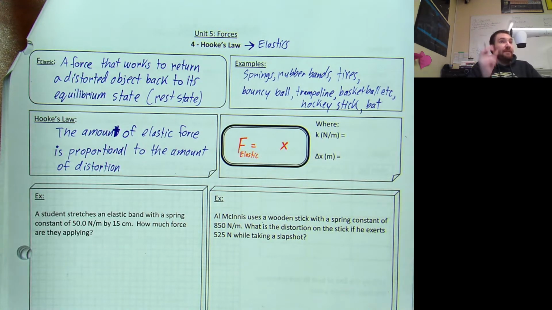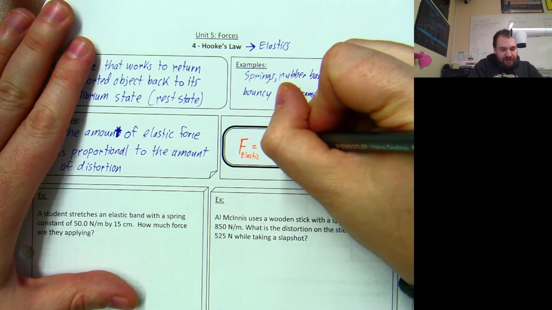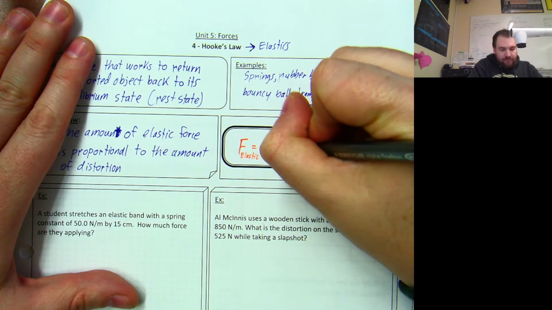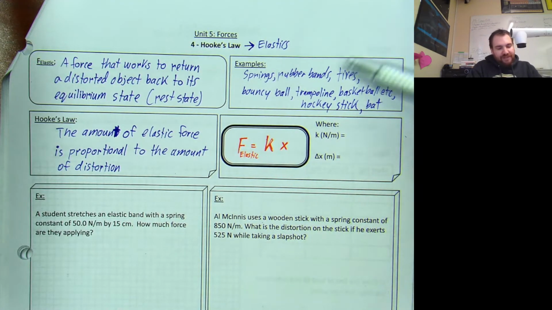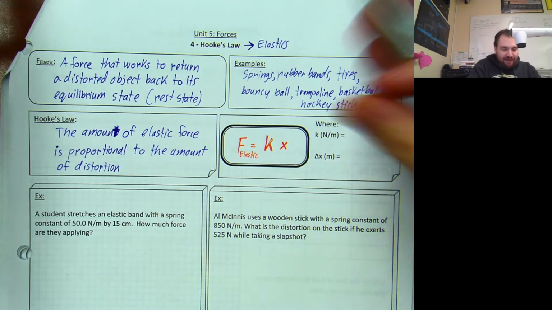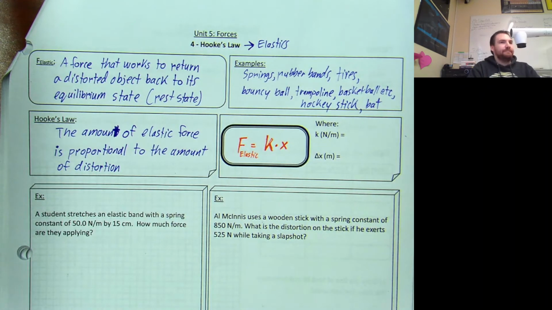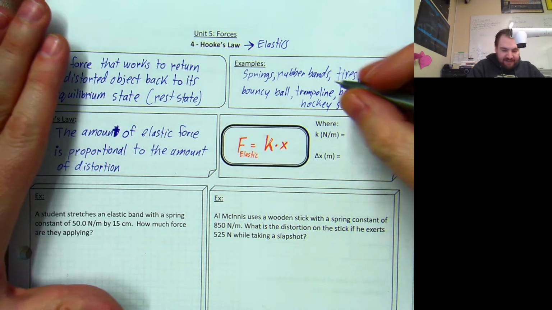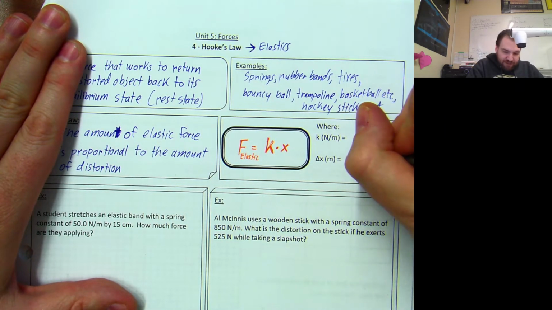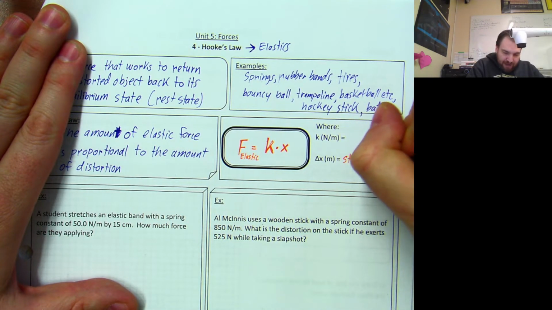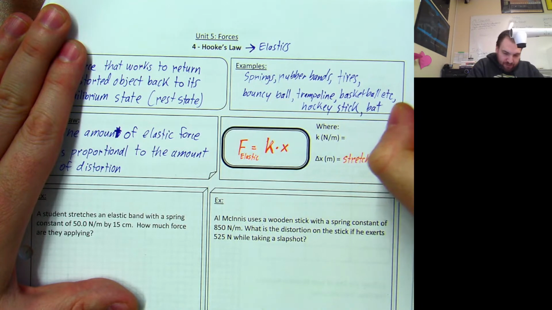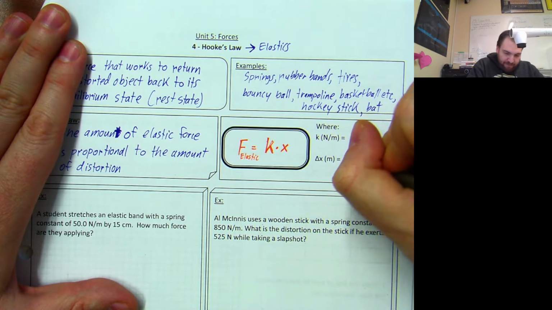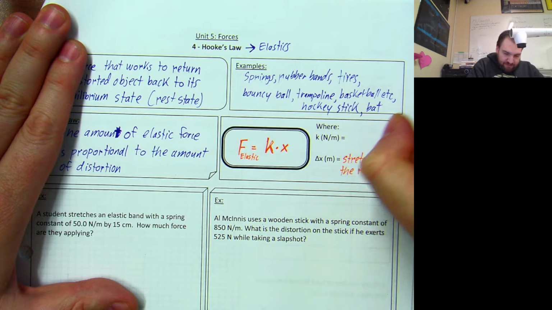Force of friction is the same. The multiplier out front was the coefficient of friction, mu. For springs, we have a coefficient, we call it K. So we say that F elastic is equal to K times X, where X, sometimes written as delta X, is the stretch from the rest position.